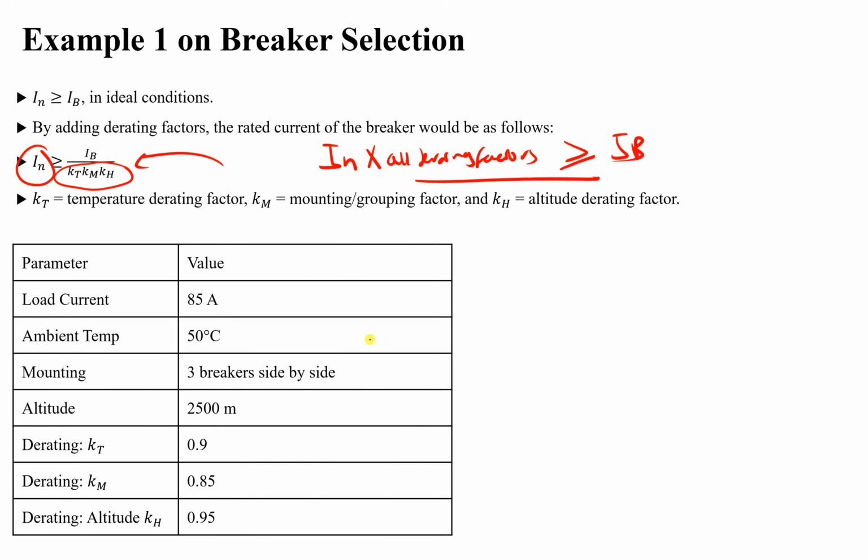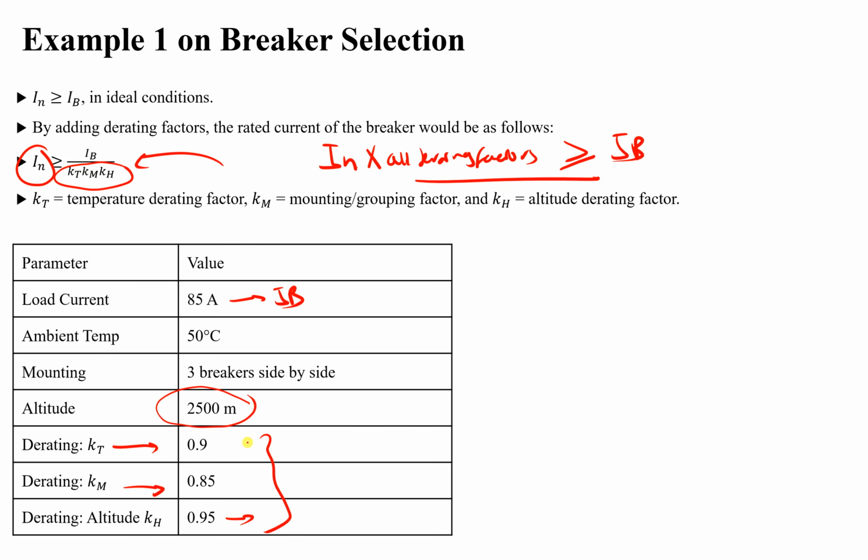Okay, so let's have an example. Let's say we have a load current, Ip, equal to 85 amperes in an ambient of 50 degrees Celsius, with 3 breakers side by side at an altitude of 2500 meters. From the manufacturer itself, we have these values for temperature, grouping, and altitude, obtained as an example.